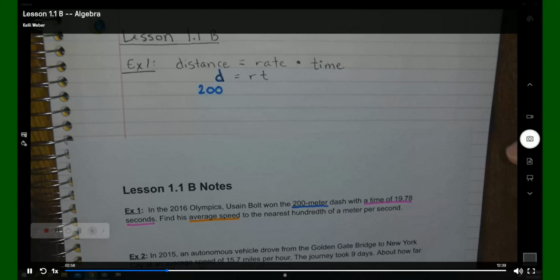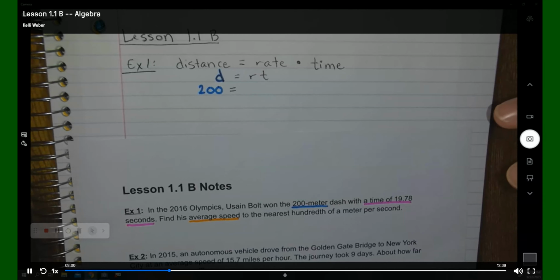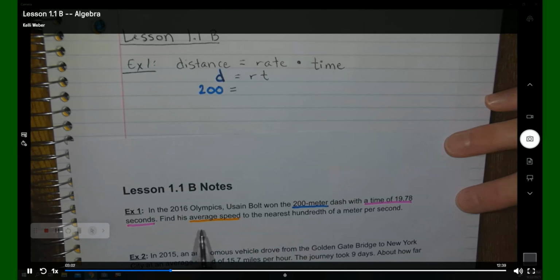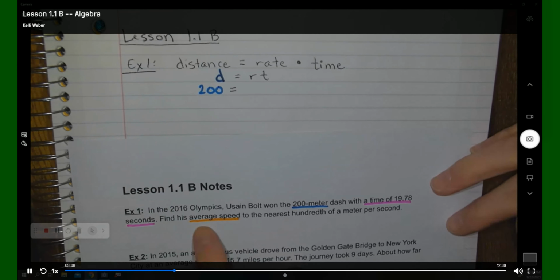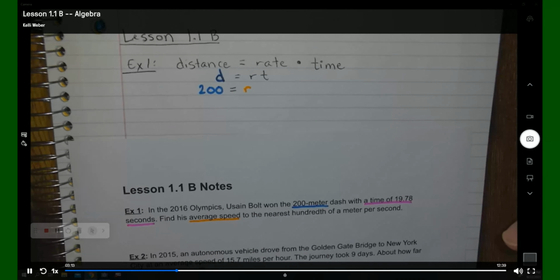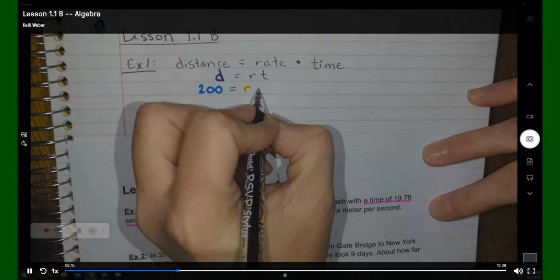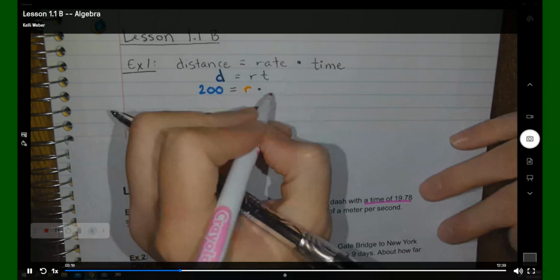So we're going to plug in 200 there. The rate is actually what we're looking for, that rate of speed, his average speed. So we don't know the rate yet, but we did use this orange color to show that average rate of speed. Times his time, which is 19.78 seconds.